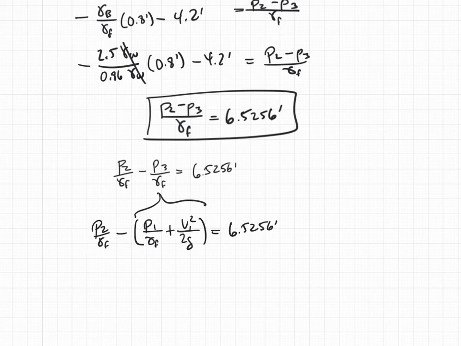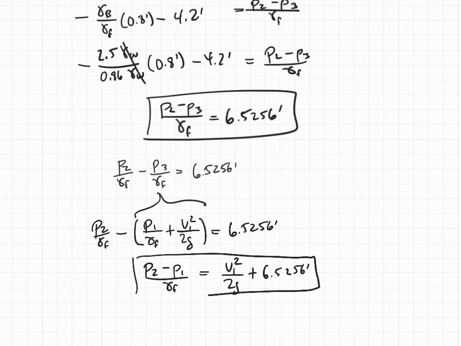What's cool about this is now I can rewrite this as P2 minus P1 over gamma F equals V1 squared on 2G. So we distribute the negative sign, bring it over to the other side, plus 6.5256 feet. That's the result we wanted.